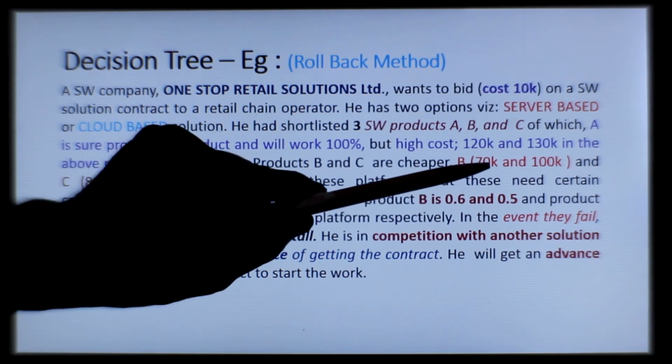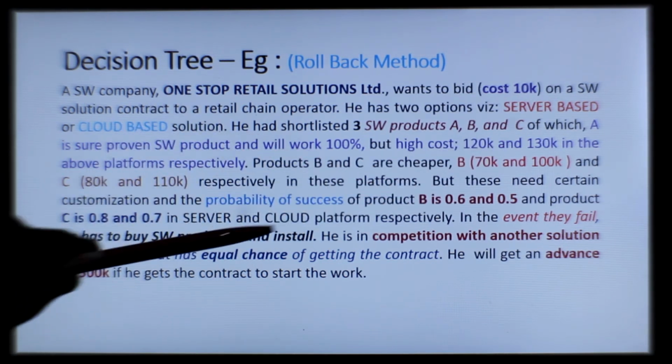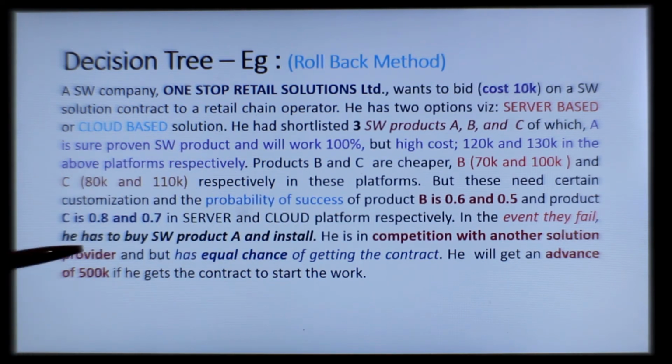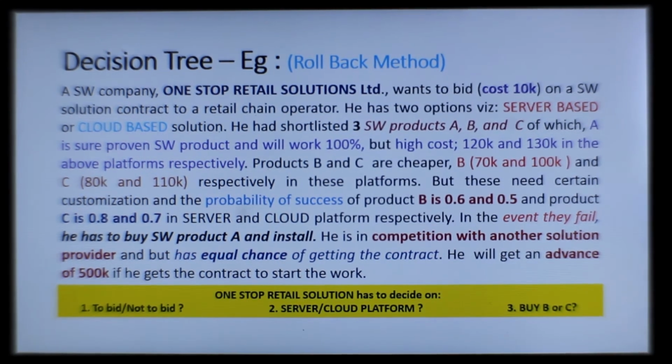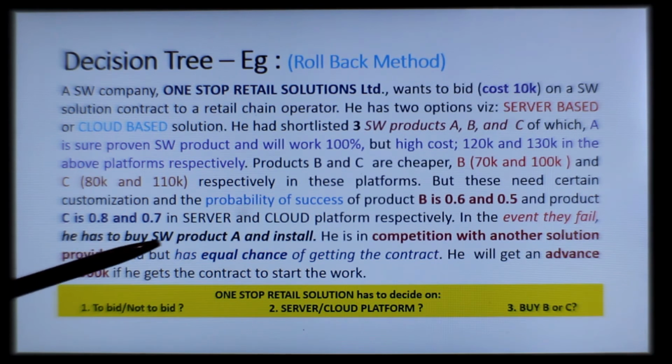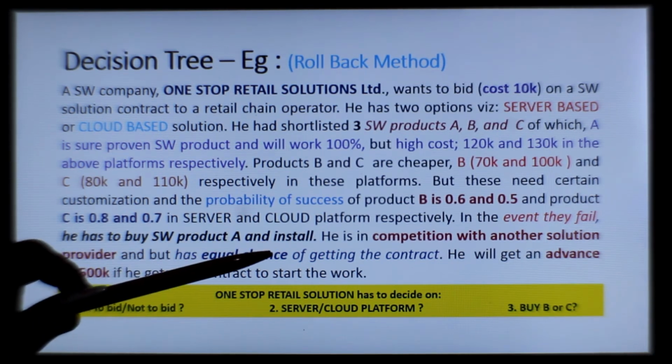The probability of success of implementing B and C is given as 0.6 and 0.5 on the respective platforms, and for C it is 0.8 and 0.7. In case it fails to implement product B or C, it has to necessarily buy and install product A.